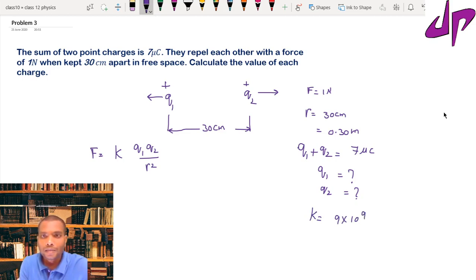Substitute all the values here. 1 Newton is given, so 1 equals K value 9 times 10 power 9, and Q1 Q2, which we don't know right now, is the unknown quantity, and R square equals 0.30 whole square.